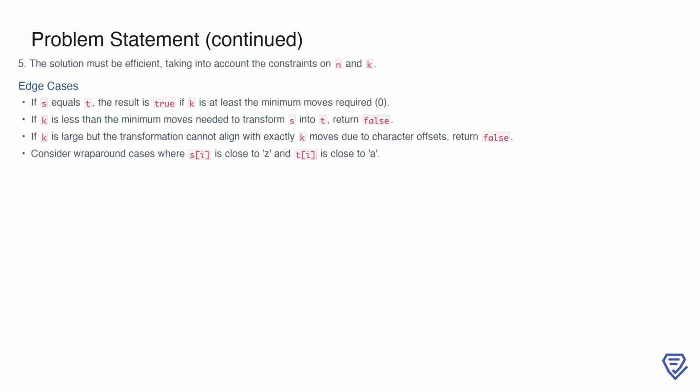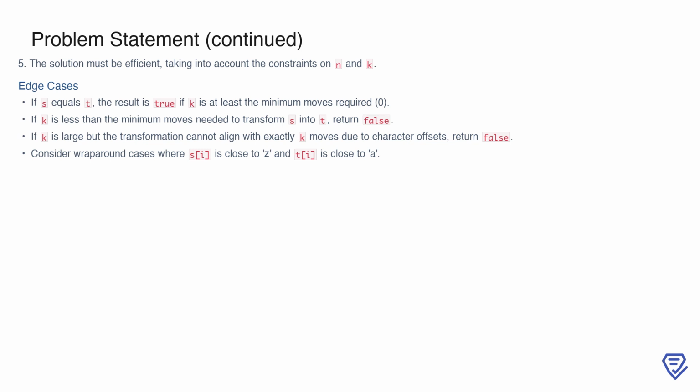The problem also includes constraints and edge cases to consider. For example, s and t will always have the same length, and both strings consist only of lowercase English letters. The integer k can be very large, up to 10 to the power of 9, which means we must design an efficient solution that works even for long strings with significant constraints.